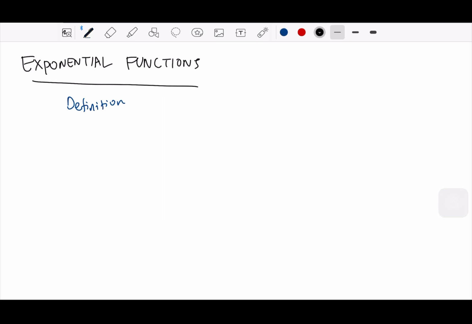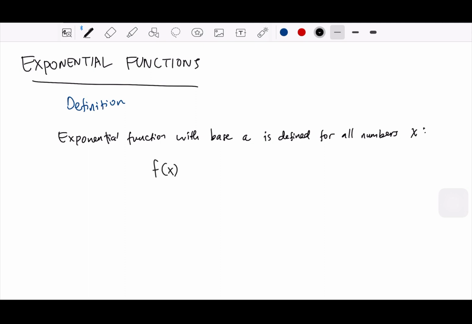The definition: an exponential function with base a is defined for all numbers x, and we write f of x equal a to the power of x, where a is a positive number and a should not be equal to 1.